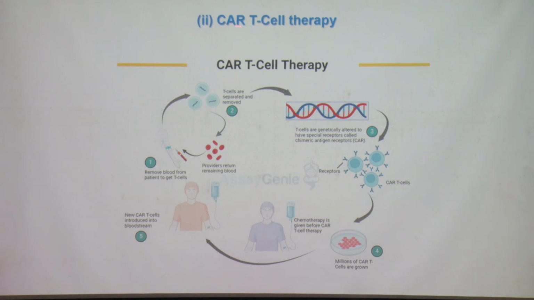That's where the CAR comes from. These receptors are synthesized at the cell surface in such a way that they turn on the power of T cells, and T cells become very powerful. Then you grow millions of these T cells, you give them back to the patient, and that is very effective in killing the tumor cells.